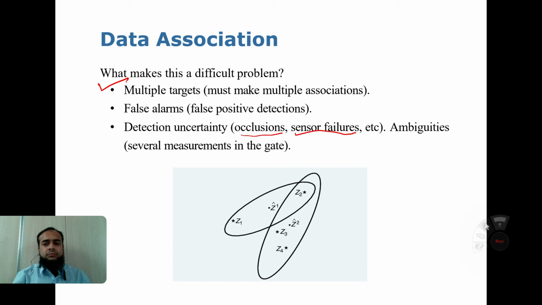We cannot see it; though the target exists, the sensor cannot observe the detection because of the occlusion region and the sensor failures. And another thing, ambiguities. There are several measurements in the gate. Due to several measurements in the gate, the detections are uncertain.